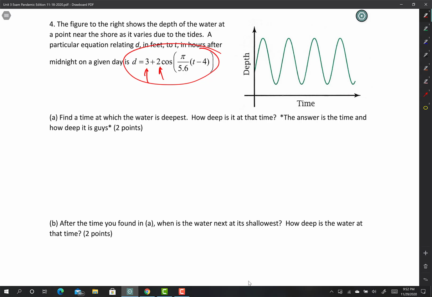I know I have a max whenever this is a shift 4 to the right, so I know I have a max at t equals 4. So at 4 hours past midnight, I am 5 feet deep. How do I know that? 3 plus 2.